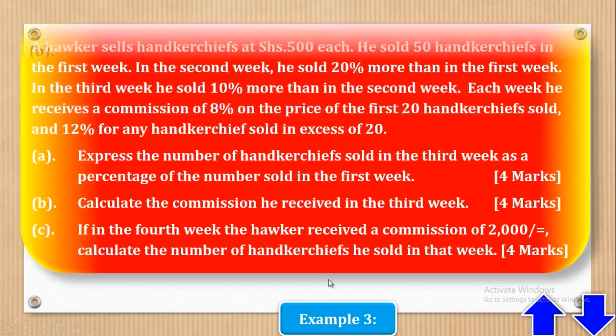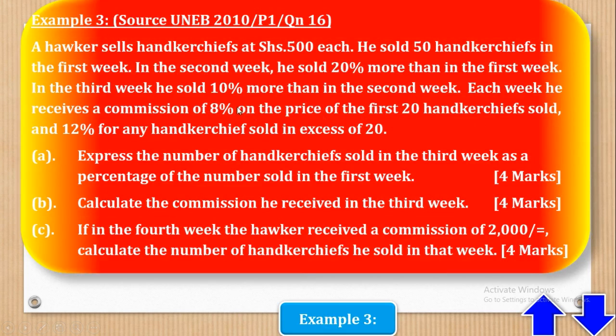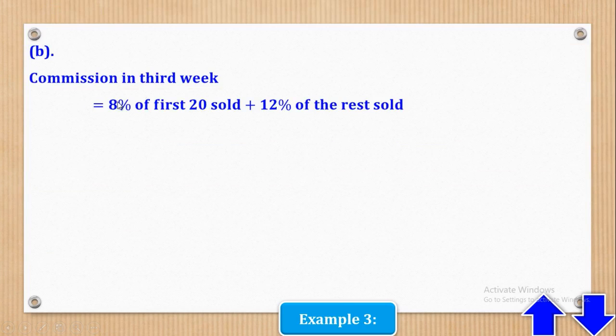Remember, they told us that the commission is given by these percentages. So 8% of the price of the first 20 handkerchiefs plus 12% of any handkerchief sold in excess of 20. So the first 20 will be 8% and the next will be 12%.